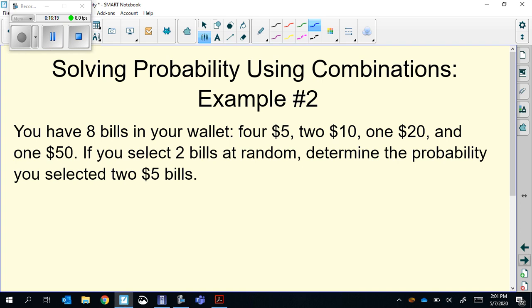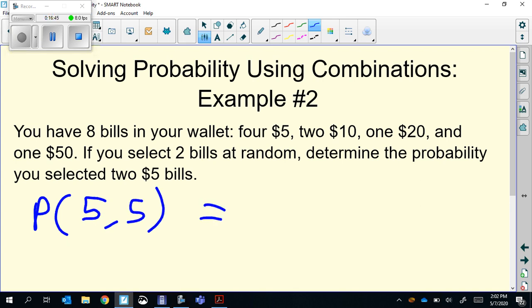All right, in your wallet you have 8 bills, 4 5s, 2 10s, and a 20, and a 50. You select 2 at random, determine the probability that you select 2 $5 bills. So the probability of getting 2 5s, a 5 and a 5.